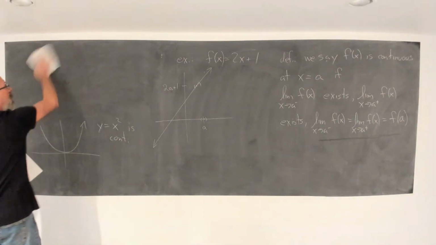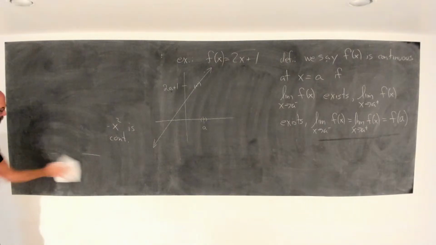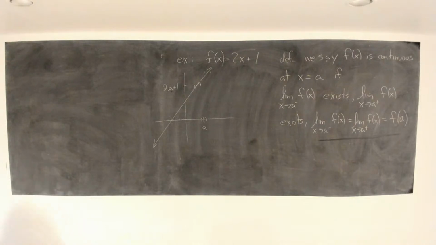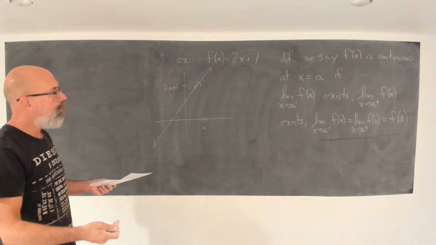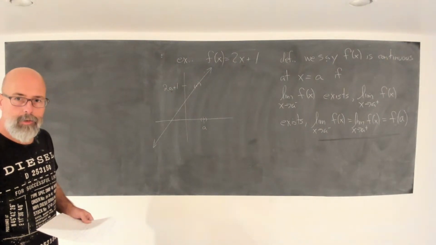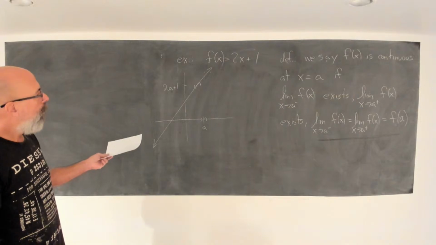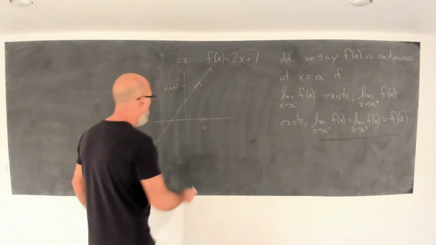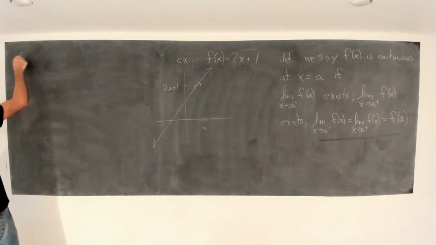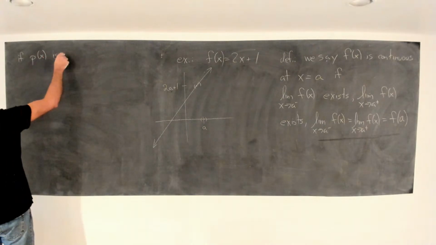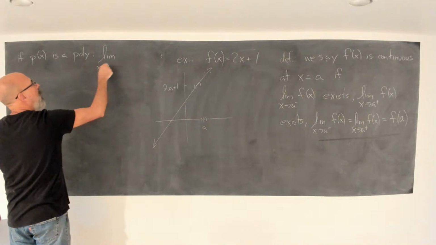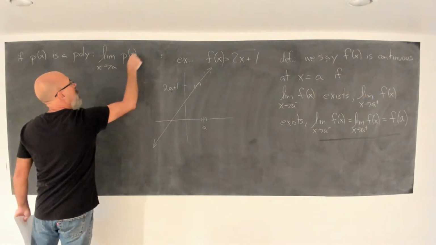So, using the limit laws, think back to those limit laws. And let's ask the question, what functions do we know to be continuous? Well, you know that if p of x is a polynomial, you know that the limit as x goes to a of p of x is p of a.